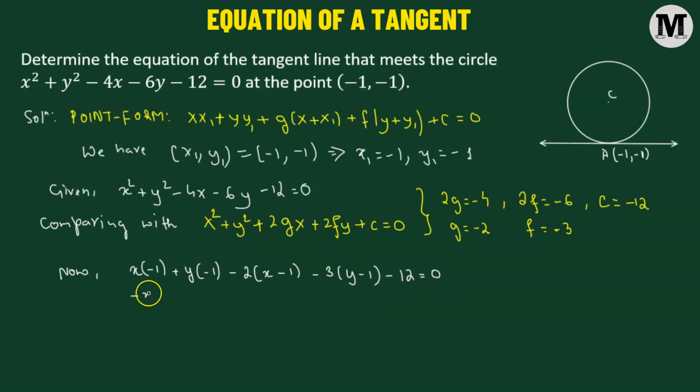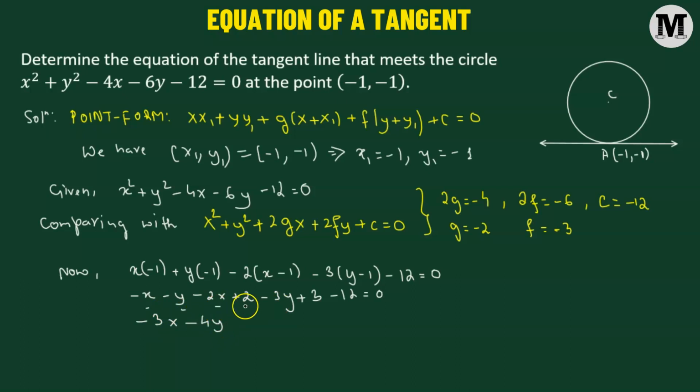So let's further simplify. We get -x, -y, minus 2x plus 2, minus 3y plus 3, minus 12 equals 0. Now we have -x minus 2x, that's -3x. Then we have -y minus 3y, that's -4y.